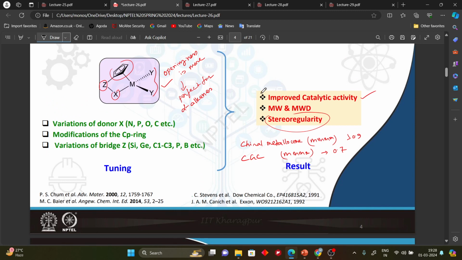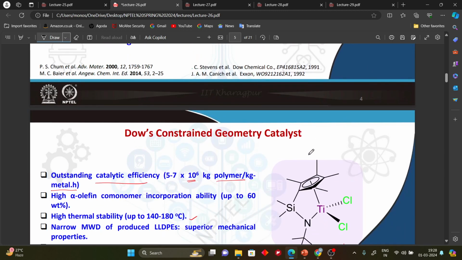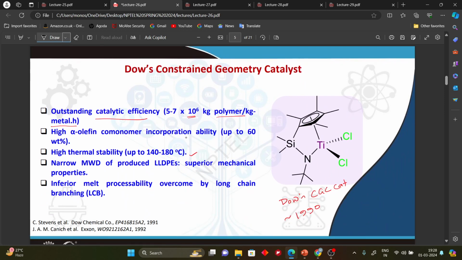To improve catalytic activity, molecular weight differentiation that you can maintain and stereo regulation and maintaining different ways. So this is your Dow constrained geometry catalyst, and here you are seeing the titanium. So that's what we think, that a titanium-based catalyst they have actually used. It is an outstanding catalyst.